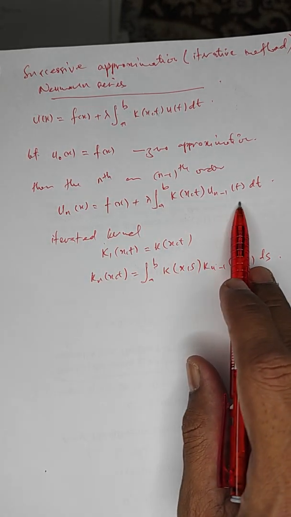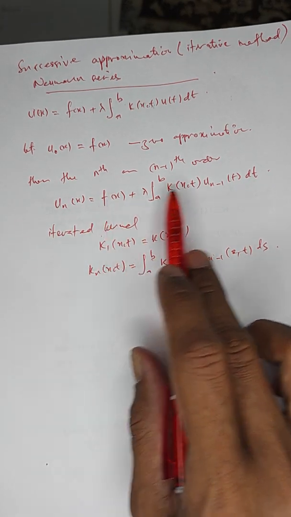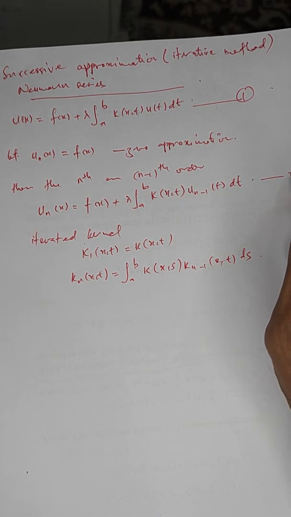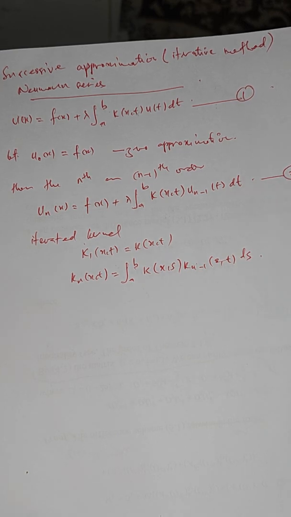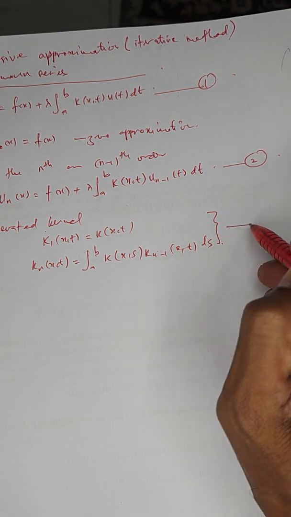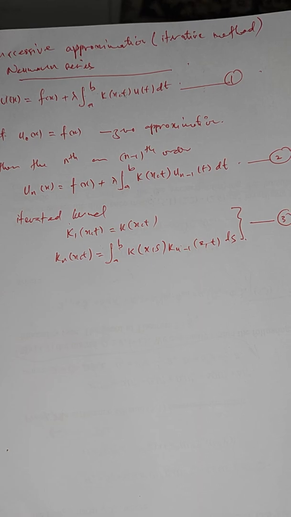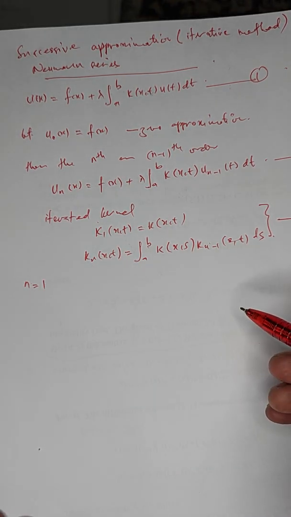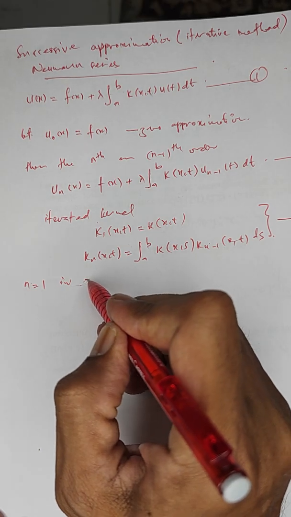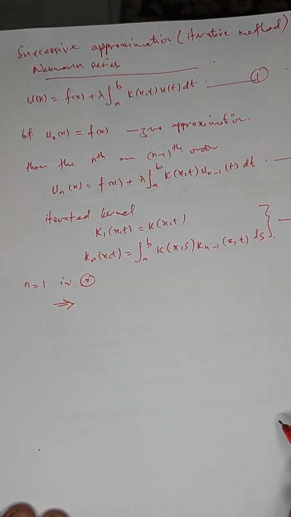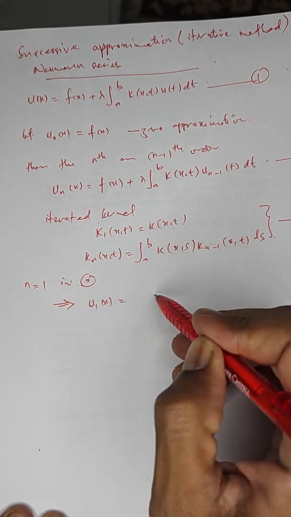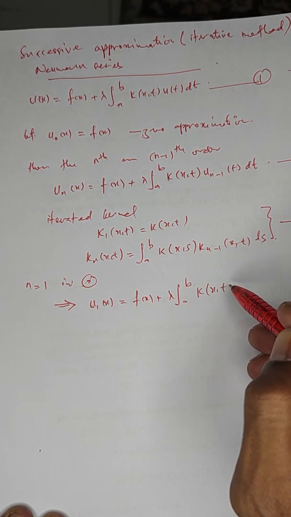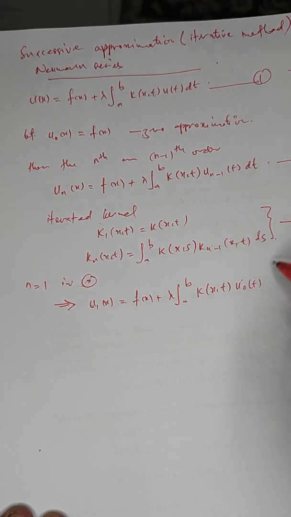Now let's call this equation 1, this equation 2, and this equation 3. If we choose n = 1 in equation 2, we have u1(x) = f(x) + lambda integral from a to b of K(x,t) u0(t) dt.